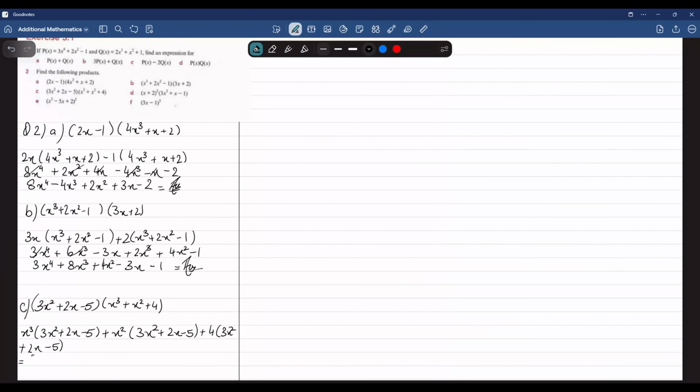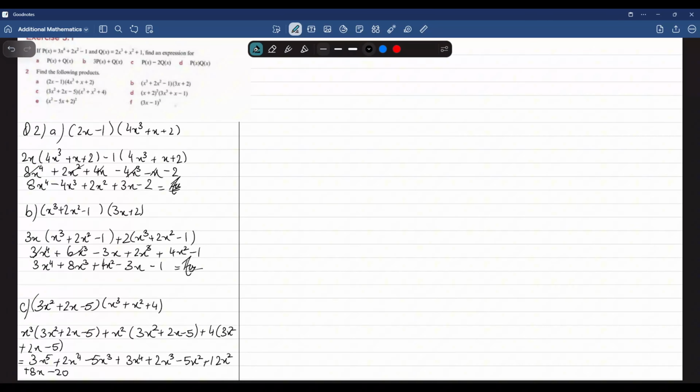Let's simplify this. 3x raised to the power 5 plus 2x raised to the power 4 minus 5x cubed plus 3x raised to the power 4 plus 2x raised to the power 3 minus 5x squared, plus 12x squared plus 8x minus 20.